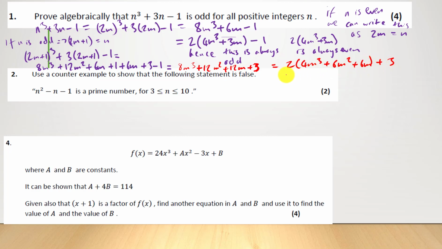So we just need to state that 4m cubed plus 6m squared plus 6m is always even, hence what we've written before, because even add odd makes odd.